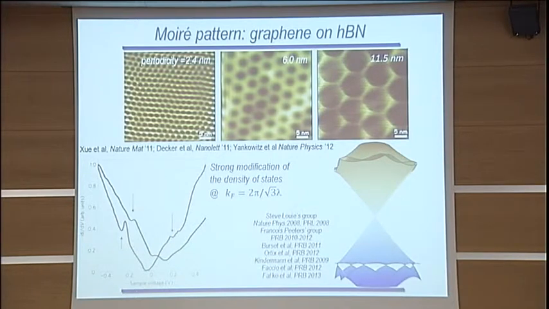Quite a few papers there, and there was a very nice talk yesterday by Martin, and you can expect some sort of spectrum reconstruction at the Fermi vector, which is given by the wavelength of the Moiré pattern, and the question is, can we observe it in transport experiments as well?